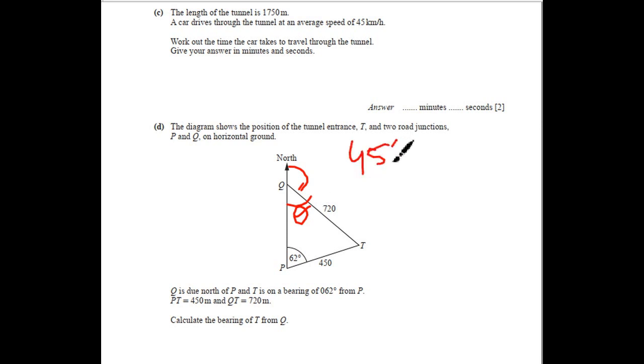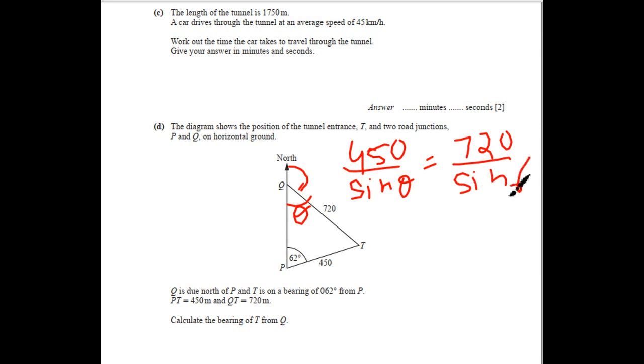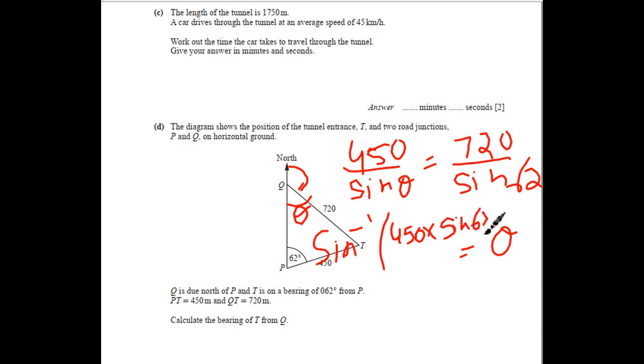So for this angle, we'll apply the sine rule. 450 over sine theta is equal to 720 over sine 62. So theta is equal to sine inverse of 450 times sine 62 over 720.